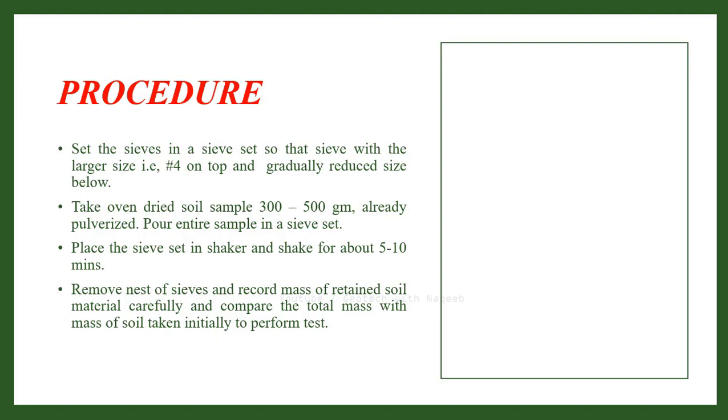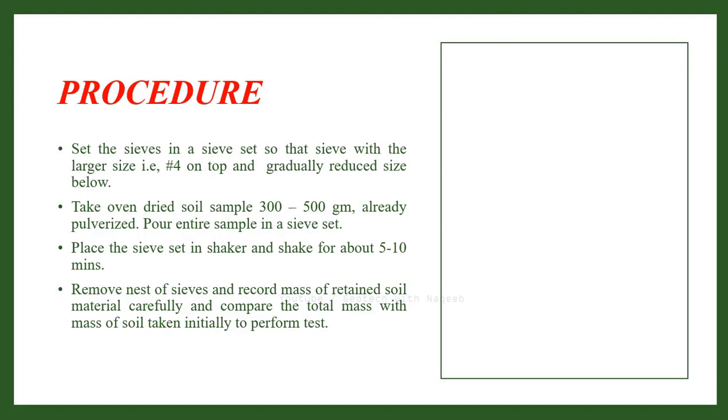Then you obtain the accumulative mass retained, and you find out that the accumulative mass is 490, 497 grams, etc. There is some loss of soil sample, so it is acceptable that there can be some loss of soil sample while performing the test.